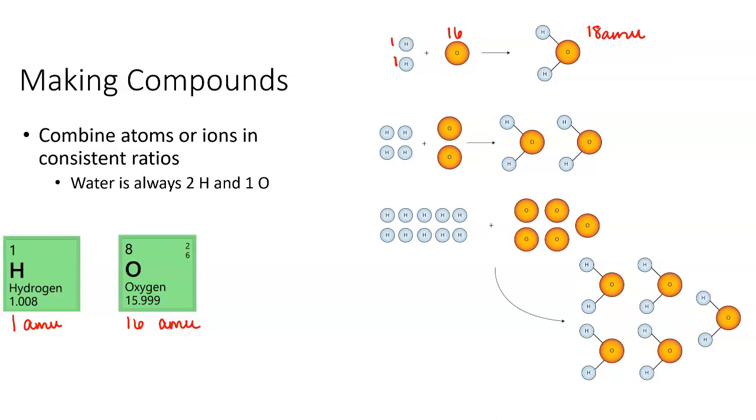So now we can look at the mass ratios here. If oxygen is always going to be 16 out of 18 for the total mass, so 16 AMU of oxygen for every 18 AMU of H2O.